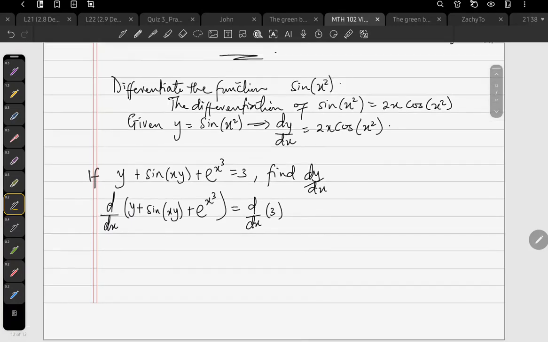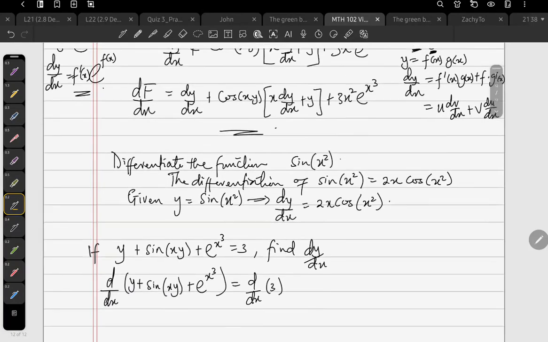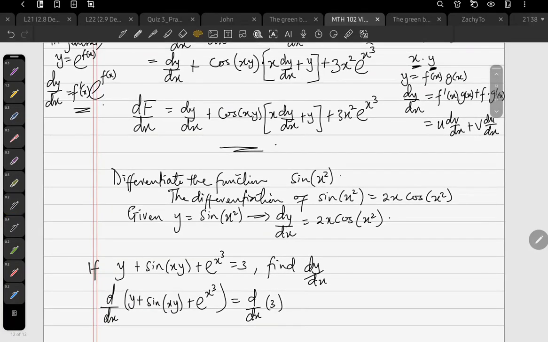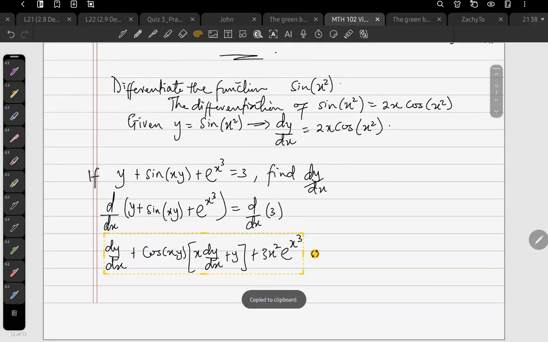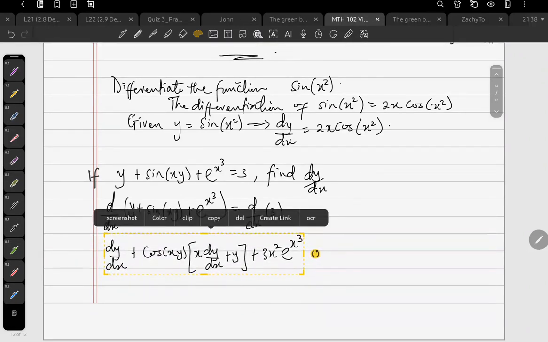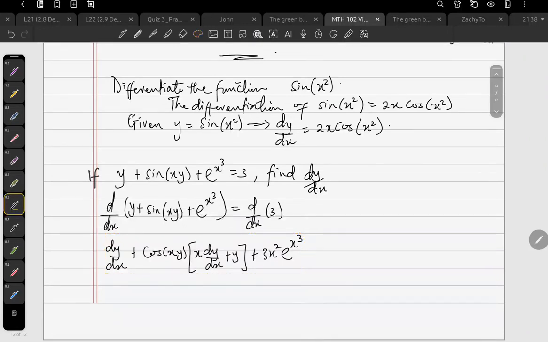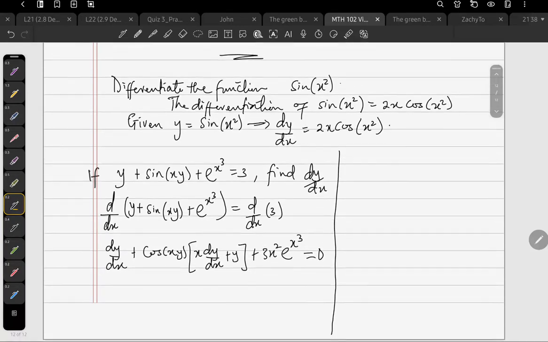So we have already found the derivative of the left hand side. That is the answer we got here. Copy, paste. And the derivative of the right hand side, since 3 is just a constant, is 0. So from here, we can now make dy/dx the subject of the formula.